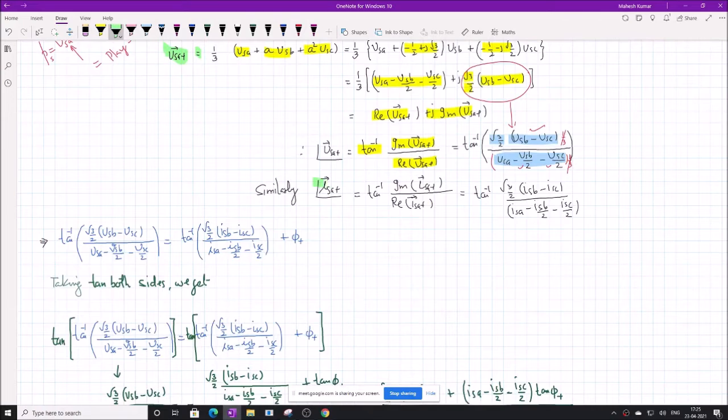So the angle of ISA plus is tan inverse of the imaginary part of ISA plus by the real part of ISA plus, which is tan inverse of the same factor in terms of the source currents.